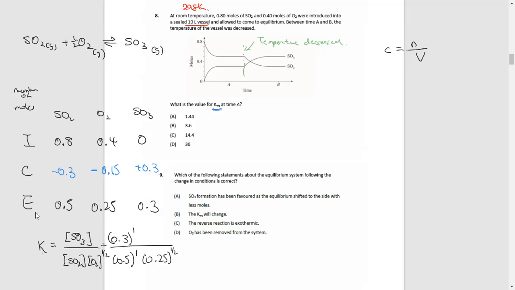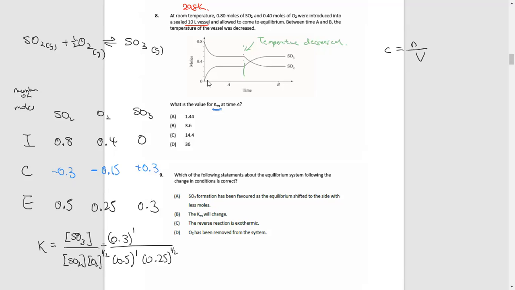And so we need to take the number of moles that we've worked out to then get the concentration. Now, if you're confused about where we got these numbers from, we got them from the fact that these were the changes, and the 0.3 of the SO3, which leads to the 0.3 here and the 0.15 here, comes from the fact that we read the graph.